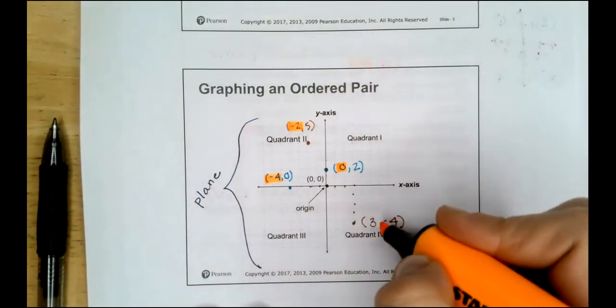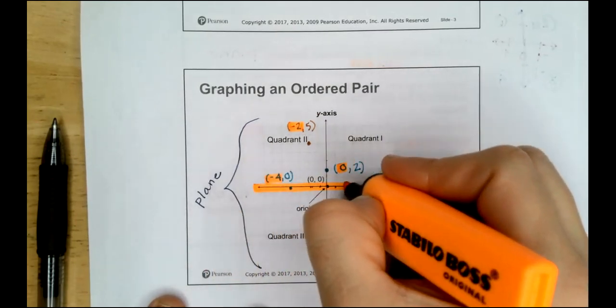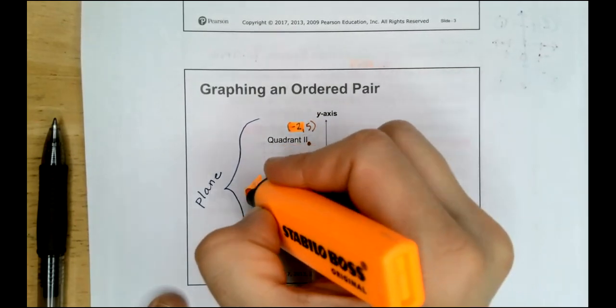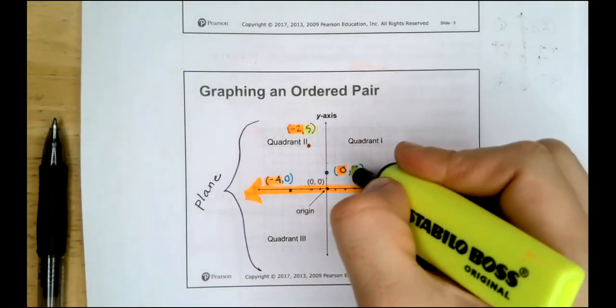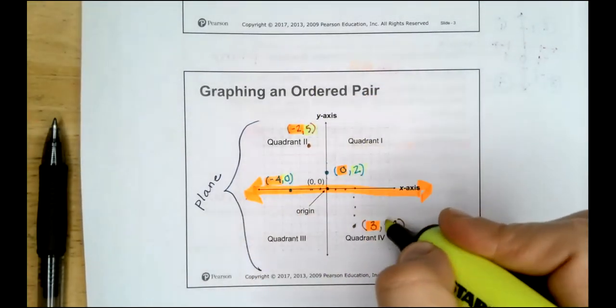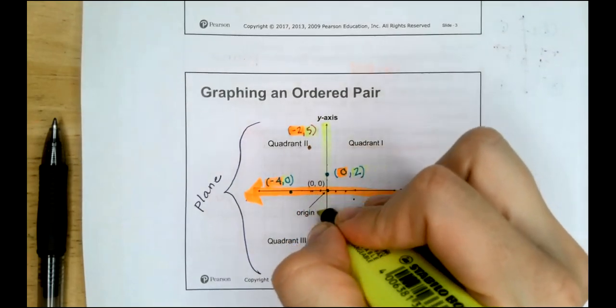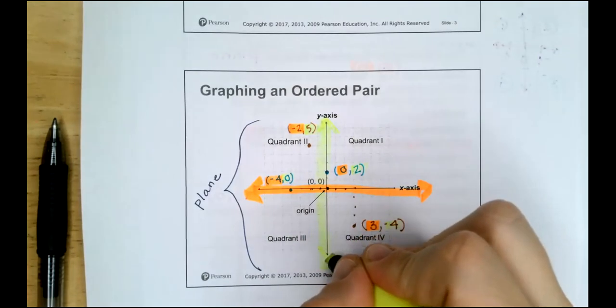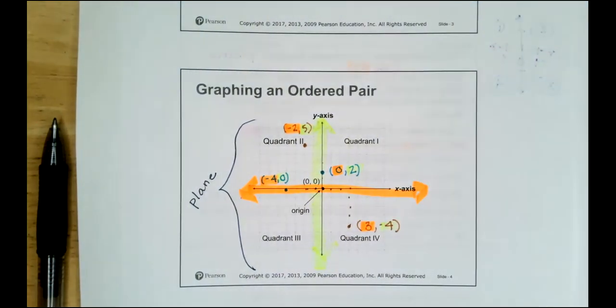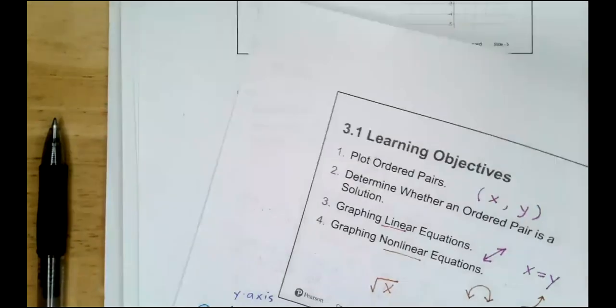This first number in your pair relates to your x-axis. And the second number in your ordered pair relates to your y-axis. Good? These are your number lines. Your x-axis and your y-axis are the number lines.